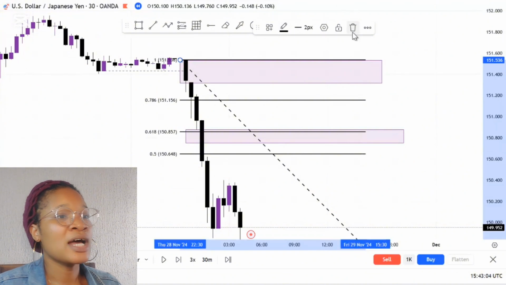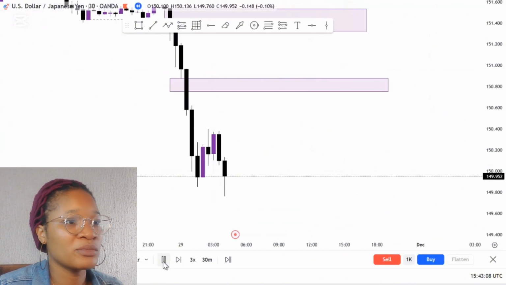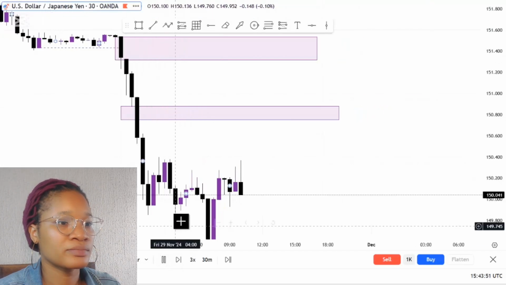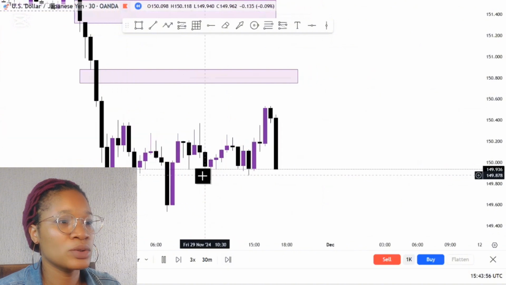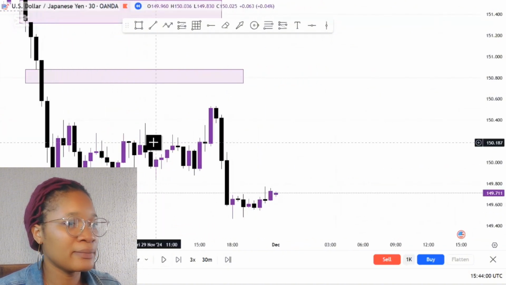Okay, so let me take off the Fibonacci tool, and then let's see what price does. Okay, price kept going down. It was still in a range, and then it came back.